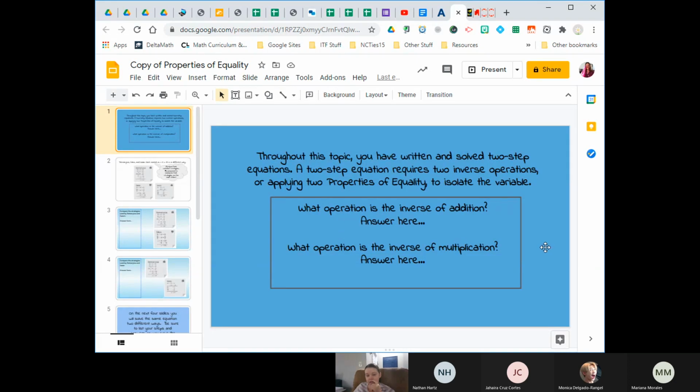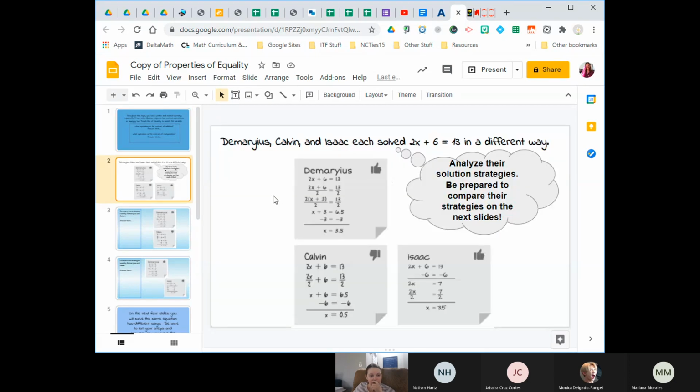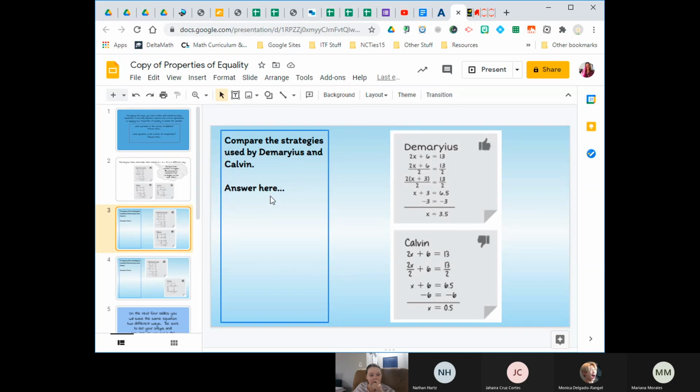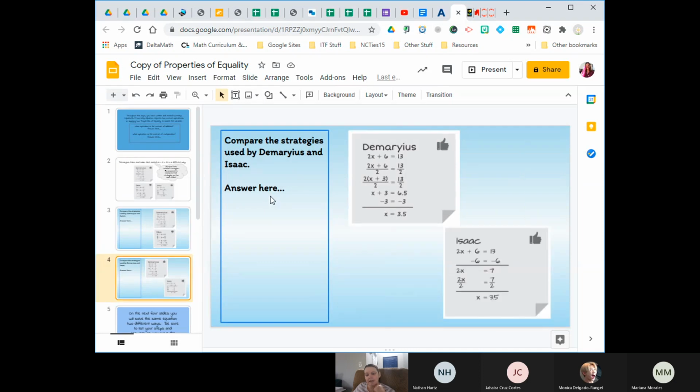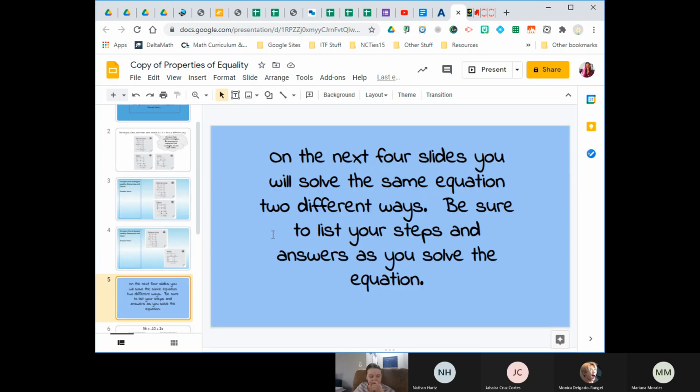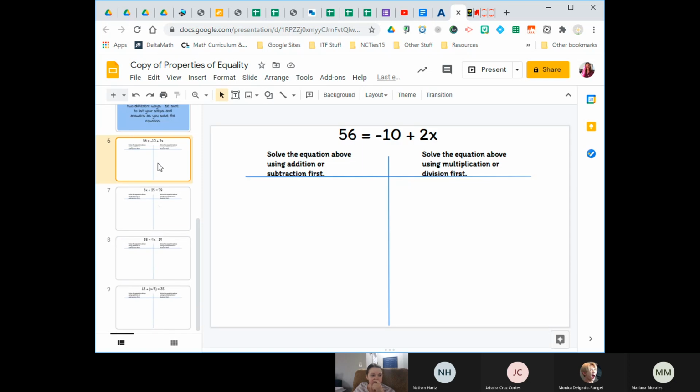What is the inverse of multiplication? Inverse means opposite, okay? And then we went over slides 3 and 4 together. So you have the answers for those 2 slides once the video is posted. So you will need to do 6, 7, 8, and 9 by yourself.